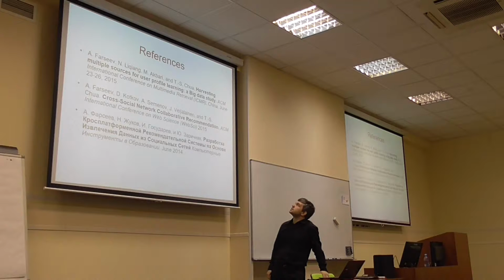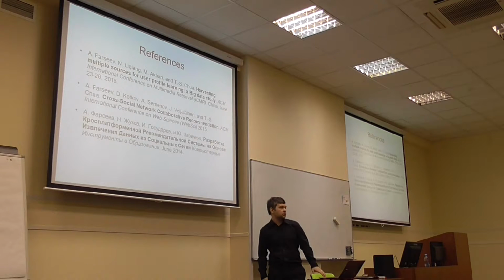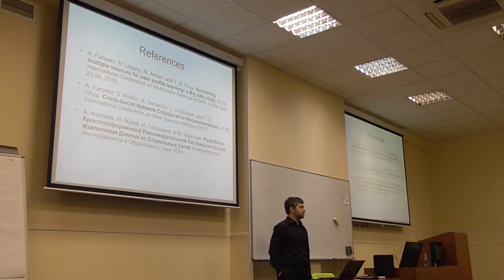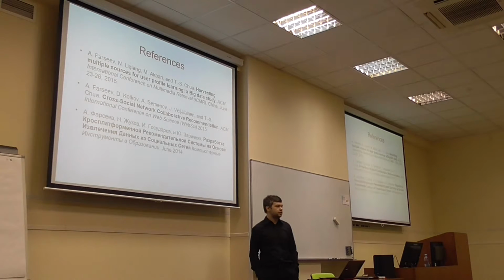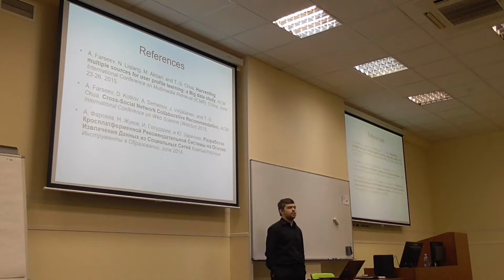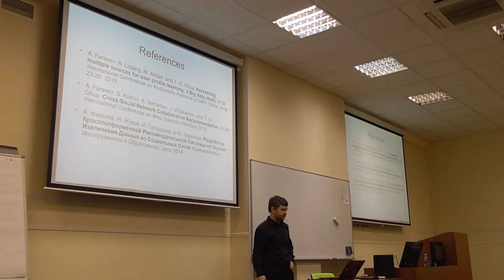The first one is the paper that we presented at the ICMR conference this June, the International Conference on Multimedia Retrieval. It was in Shanghai, and it's about multi-source learning for inferring some user attributes, in particular inferring the demographic profile and some mobility issues.